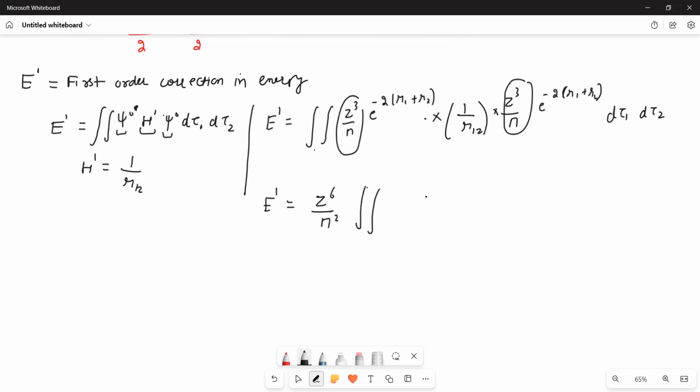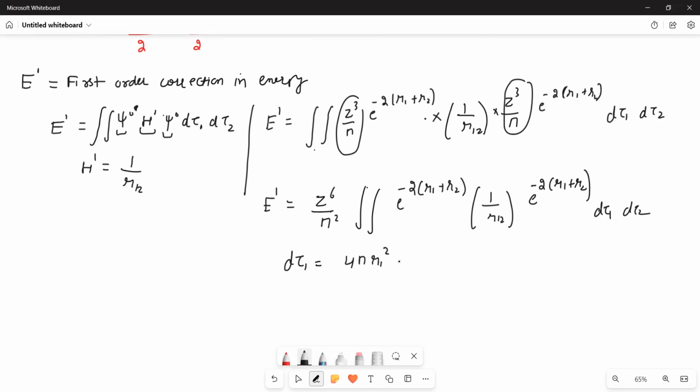In the integration, we will write e raised to power minus Z times r1 plus r2, into 1 by r12, into e raised to power minus Z times r1 plus r2, d tau 1 and d tau 2, where d tau 1 is equal to 4 pi r1 square dr1, like we had written for the hydrogen atom, and d tau 2 is equal to 4 pi r2 square dr2.